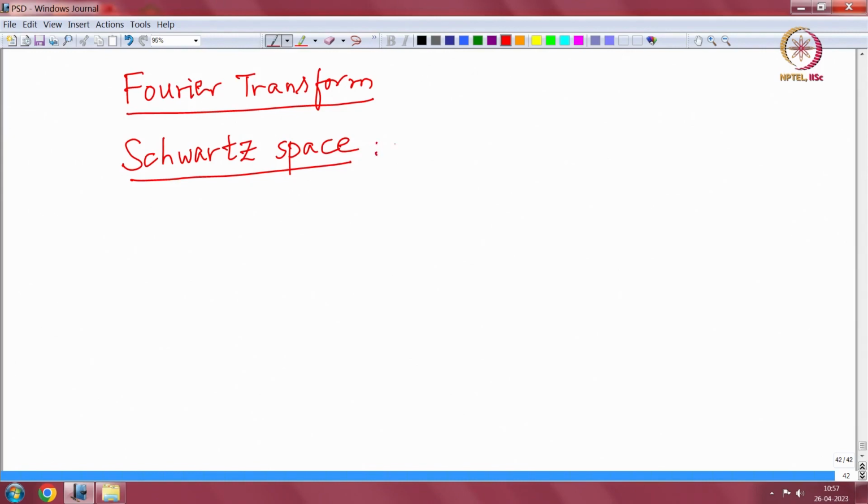Okay, so all functions are defined on Rn, and integrals are also over Rn. So let me not repeat that. Okay, so this space is denoted by S. So this is S of Rn.